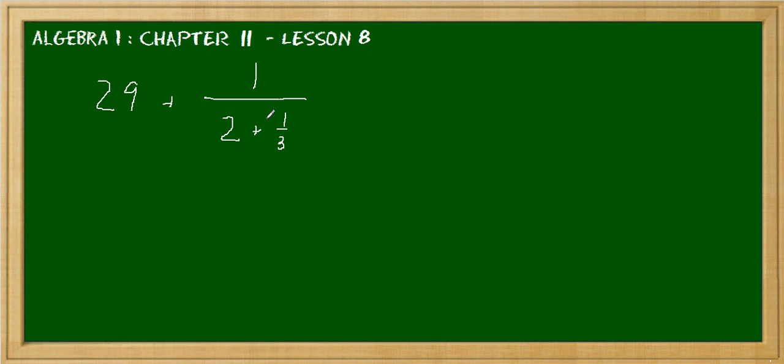Okay, so how we would do this is by taking this particular part right here and just say 29, and we're going to write this as 1 over 7/3. Could we not?